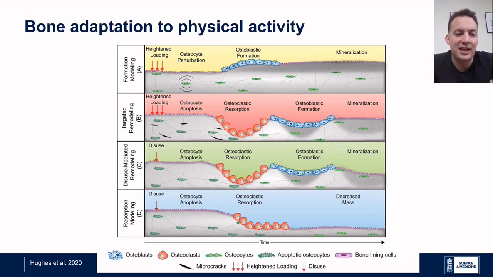Finally, at the bottom, we have resorption modeling. And again, we go through this disuse-induced osteocyte death. And in this case, only osteoclasts are signaled for. We get this decrease in mass, and there's no osteoblastic activity here, resulting in decreased bone strength.